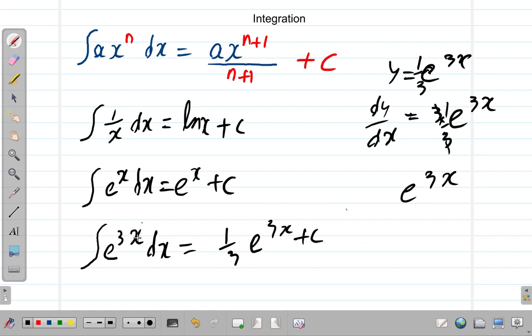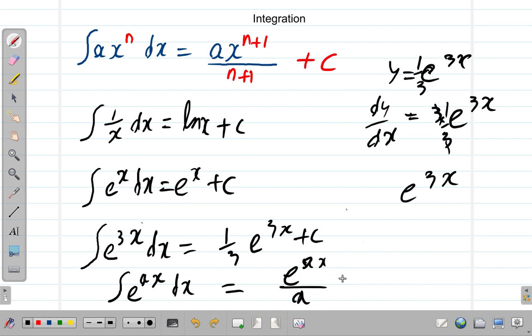Now, this is suggesting that you must divide by whatever multiplies x. So, if you do this generally, the integral of e to the ax, where a is any number, dx, then what you would get is e to the ax over a, plus c.